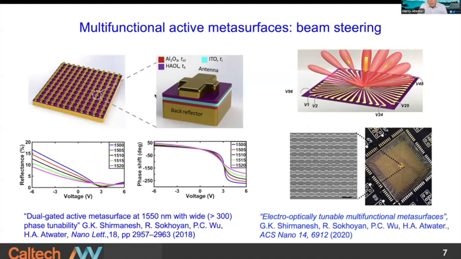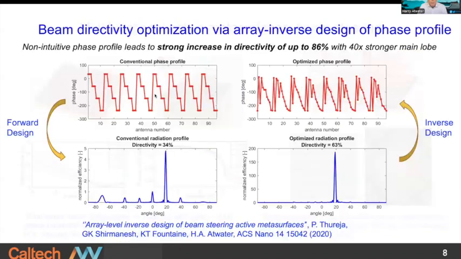This is an integrated circuit that was produced with 96 independently controllable electrodes. And that allows for active beam steering with reconfiguration of each of the elements. An interesting feature of active metasurfaces is that all metasurfaces, passive and active, are non-ideal when you actually fabricate them.